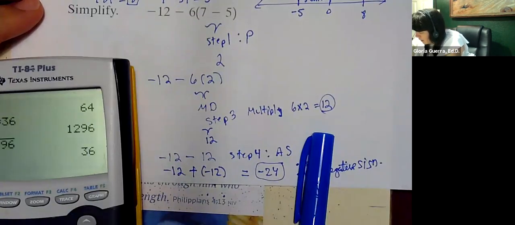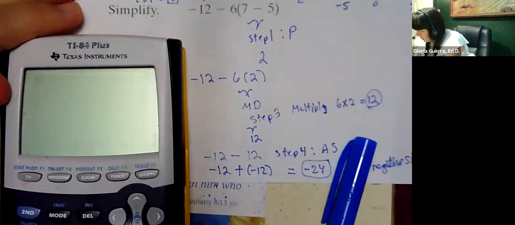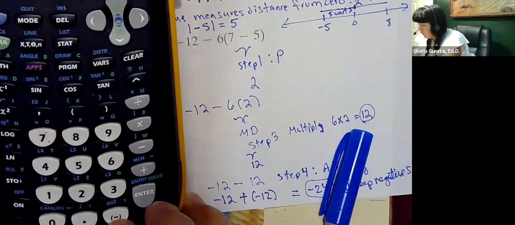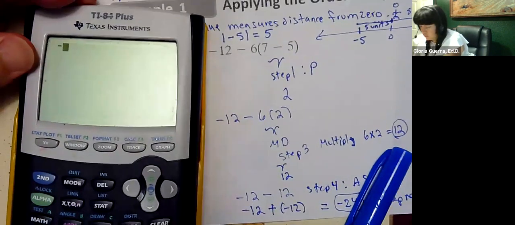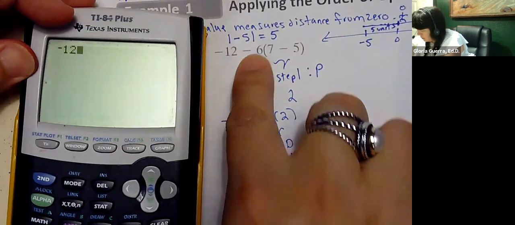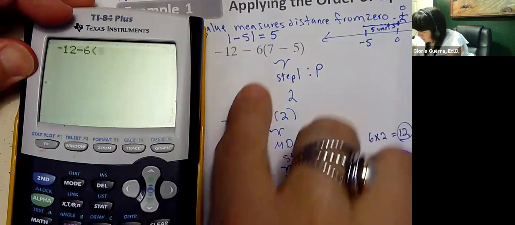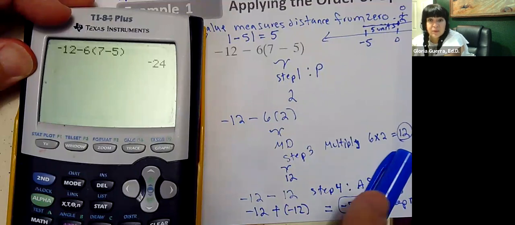Okay, now if I go back and check this on the calculator, let's see. So my negative, remember, is down here, sign changer. So I have negative 12, and then take away 6, and then open parentheses, 7, take away 5, close parentheses, and I do get the same thing, okay?